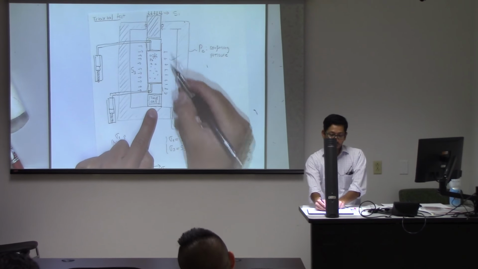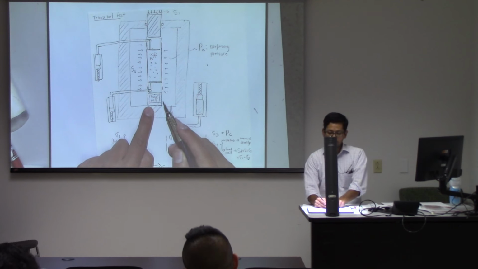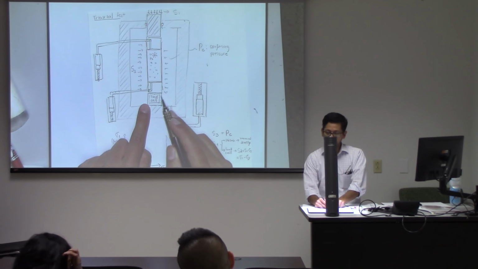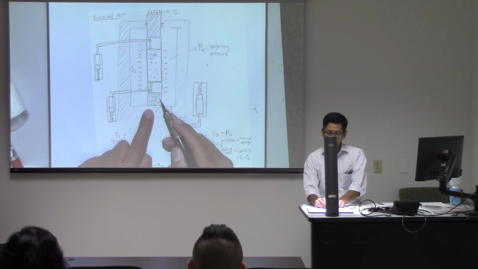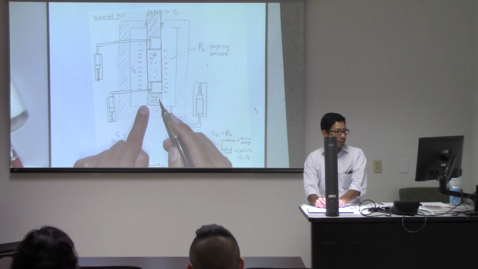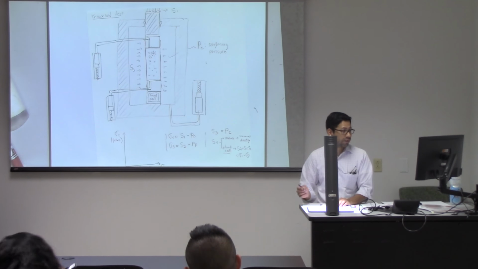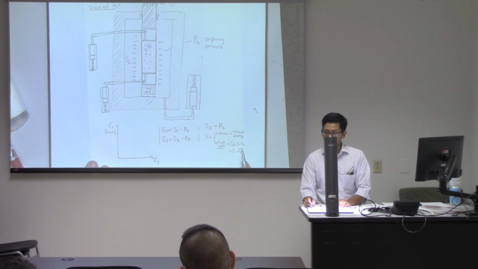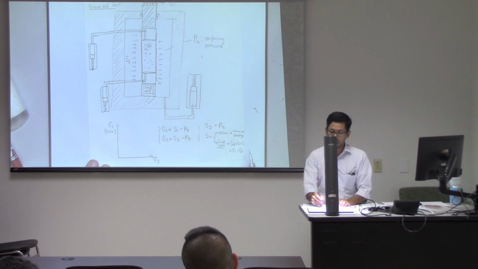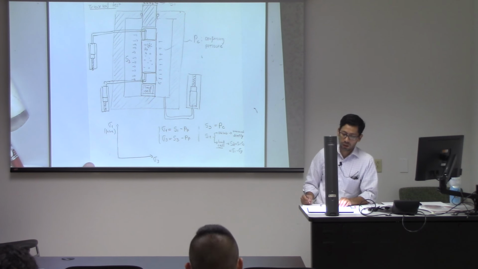And if you didn't have any stress in this direction, it wouldn't feel anything. It would just feel the confining pressure. But if you have an additional stress, the load cell is going to measure that. So that load cell is going to give you the difference between the maximum principal stress and the minimum principal stress, and if there is any additional stress in another direction.